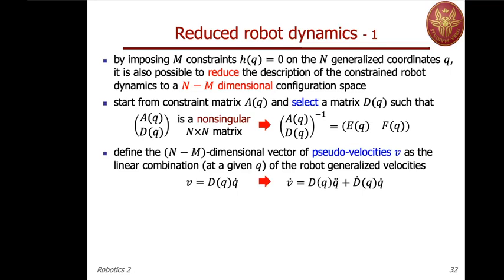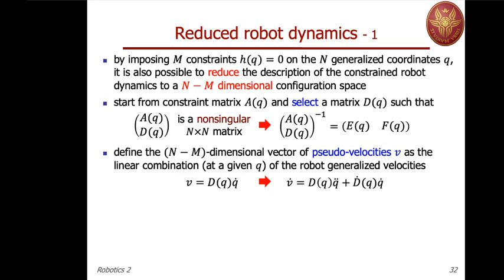However, now that you have introduced the matrix D and you have squared the system, in a sense, you can define some pseudo-velocity v, in fact an n minus m dimensional vector of pseudo-velocities, which are the free velocities left in the picture. We define v as D of q times q dot.